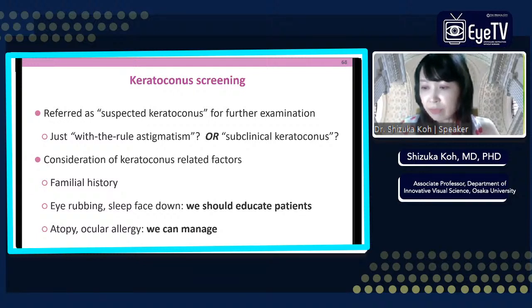Eye rubbing and sleeping face down, we should definitely educate patients. And for atopy and ocular allergy, we can manage. Especially, this is important because keratoconus progression seems to be aggressive and rapid compared to the elder age groups.